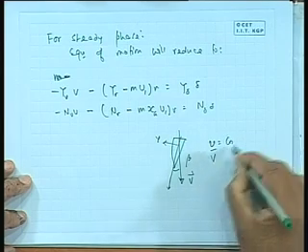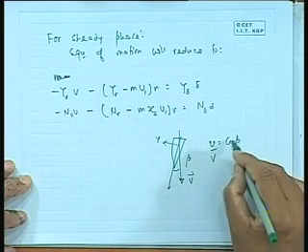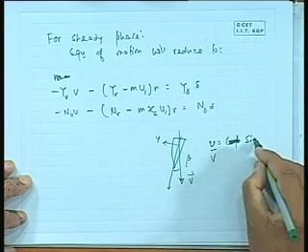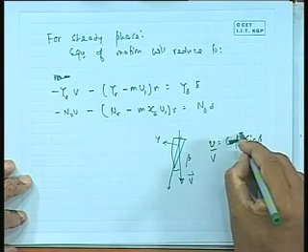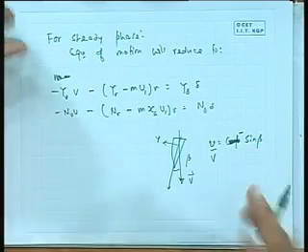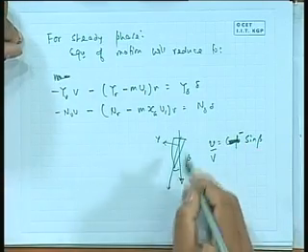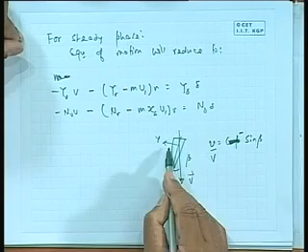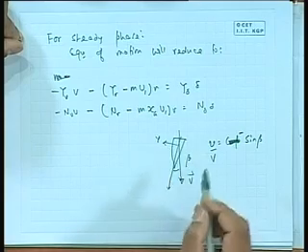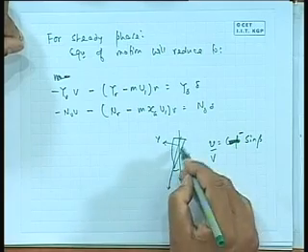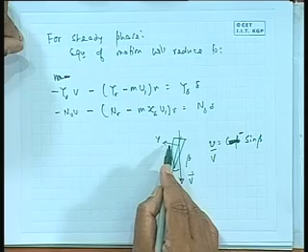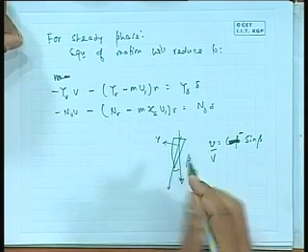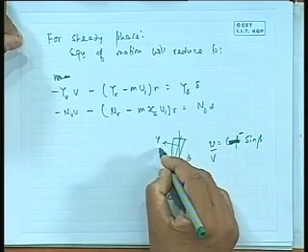No, sorry, not cos beta, sin beta, with a minus sign. Let me explain that to you. This is my small v here. Small v is supposed to be in this direction, 90 degrees to this. No, this is my u, this is my v.